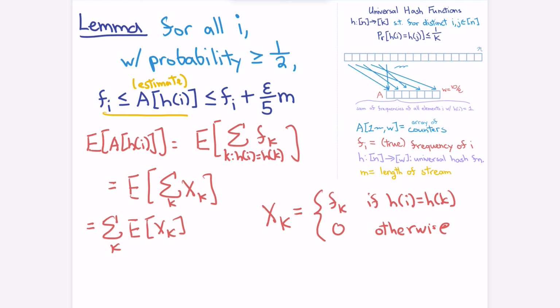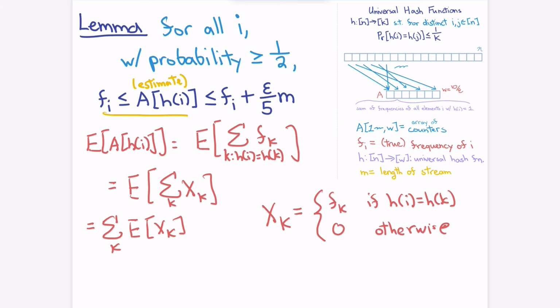Now let's look at one of these x_k's. I can think of two different cases. k is an index of another element, so k could be either equal to i, the element we're interested in, or not. If k is equal to i, so it's the same element, then what is x_k? It's always f_i, because you always collide with yourself.